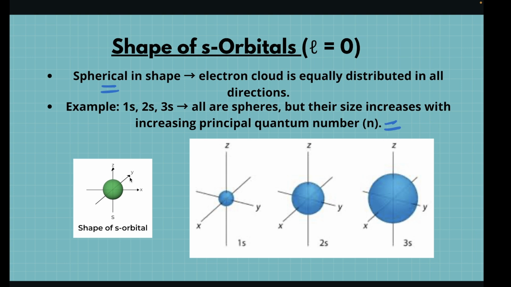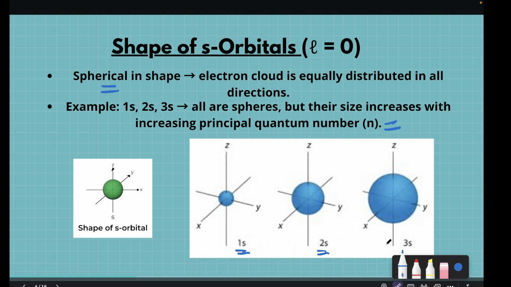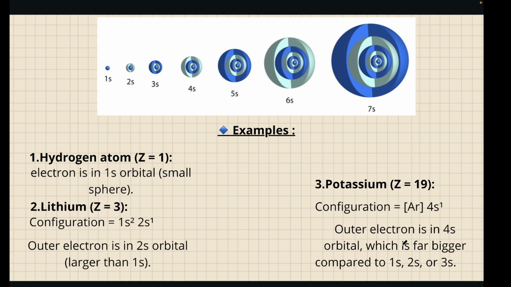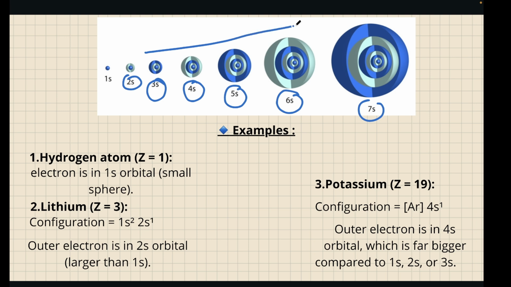Here you can see the shape of the orbital is spherical, but the size increases as the value of n increases.